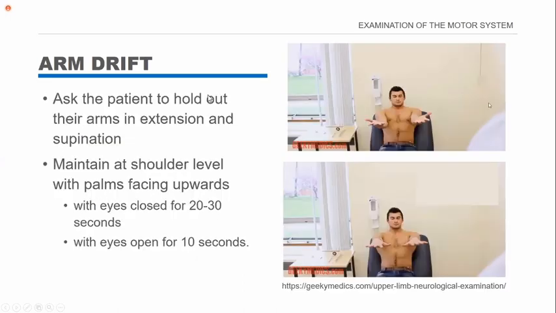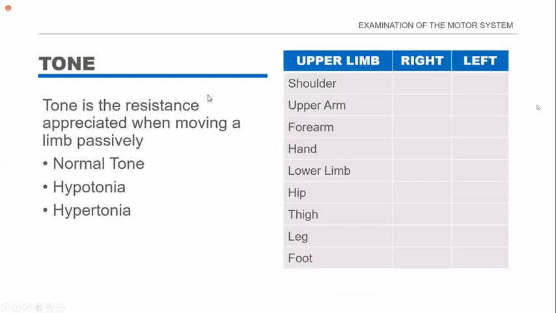I'll show you. If you tap on the outstretched arm downward, the arm may shoot upward.